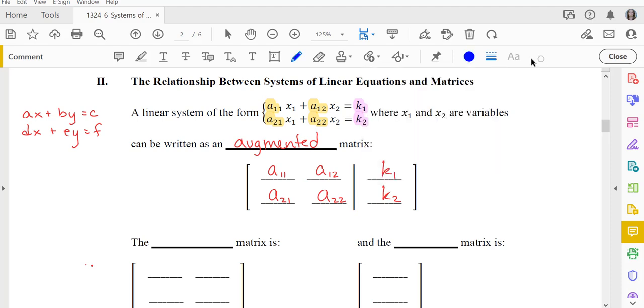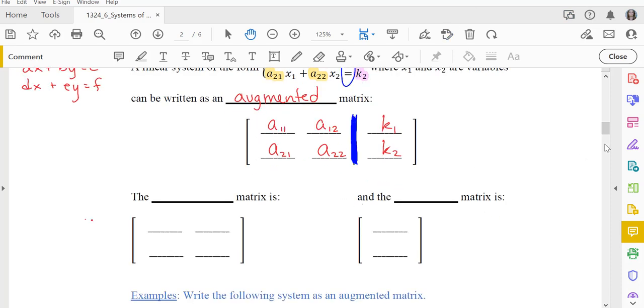Okay, some things to point out. It's an augmented matrix. Do you see where the equal sign is? In your matrix, you're just going to put this vertical bar there. We can also differentiate what's called the coefficient matrix. The coefficient matrix, that's just this side.